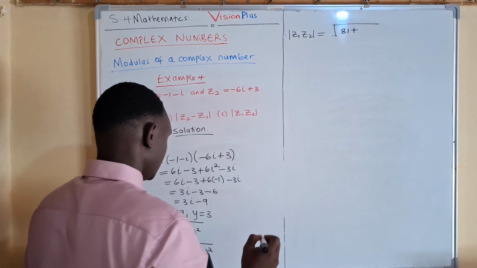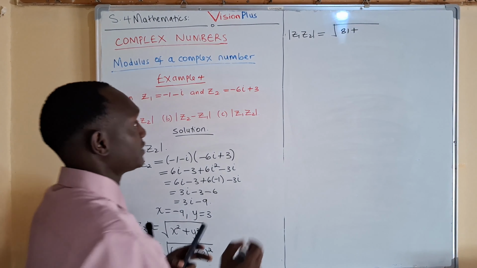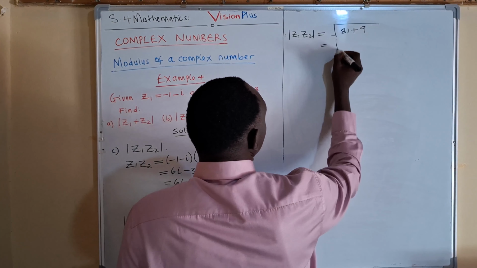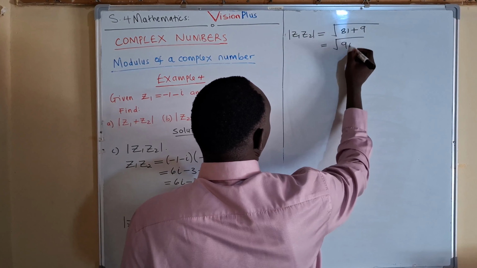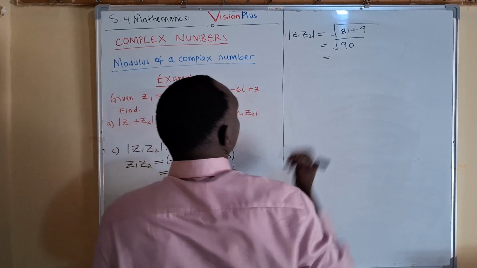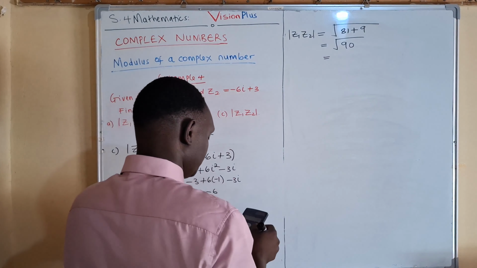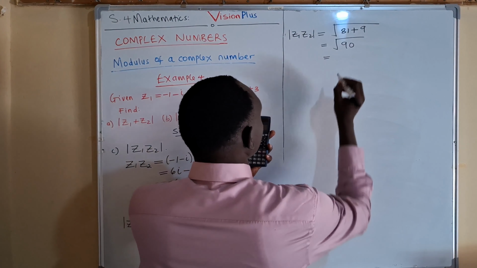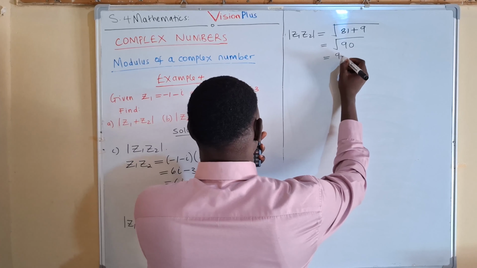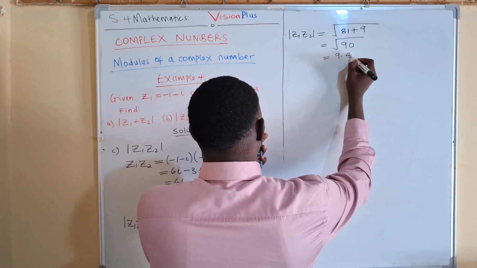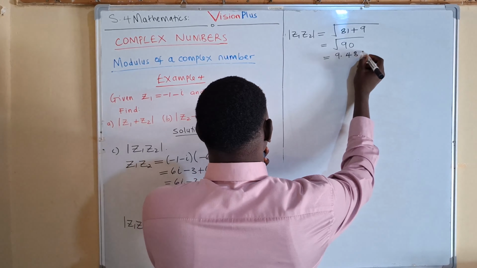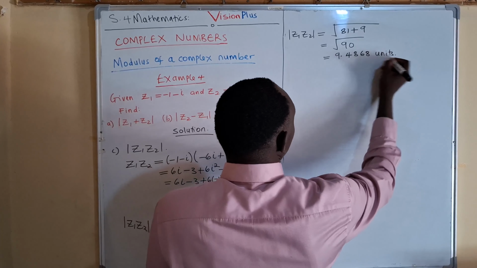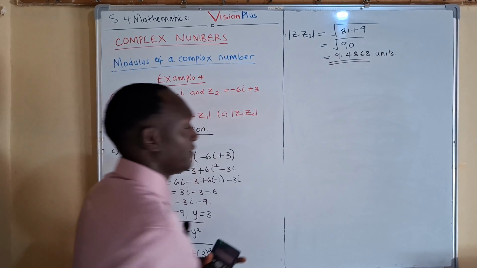Plus what is positive 3 squared? It's positive 9. Then what is 81 plus 9? That is 90, and then the square root of 90. The square root of 90 is 9.94868 units. So this is the magnitude of this complex number.